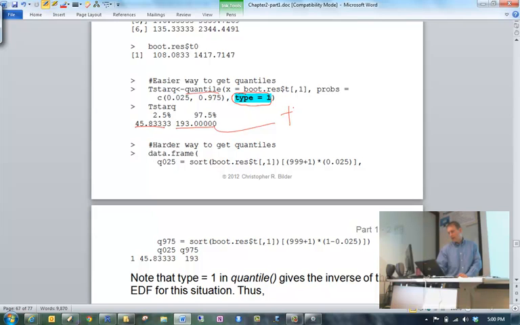So the 193 will be T star, 999 plus 1 times 0.975, which will be T star, 975th order value. That's what 193 is. And I just demonstrate that, showing you how you could do this without the quantile function as well.